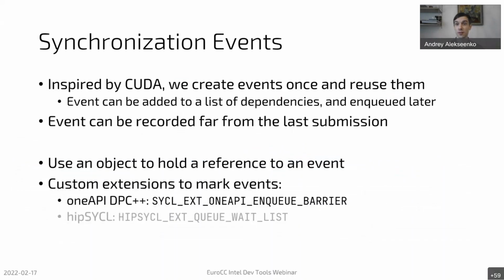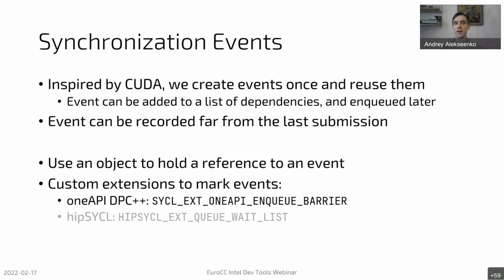In CUDA, we rely on creating the events once at the start of the program, and then reusing them. We enqueue them, then wait for them, then enqueue them again. Sometimes we, for example, may pass an event to the constructor of some force calculation function, and later it will wait for this event to make sure the data is complete.